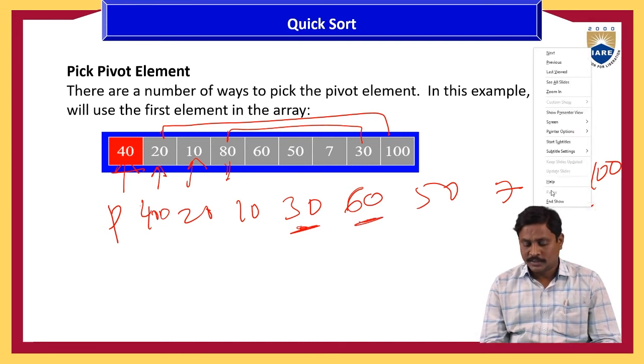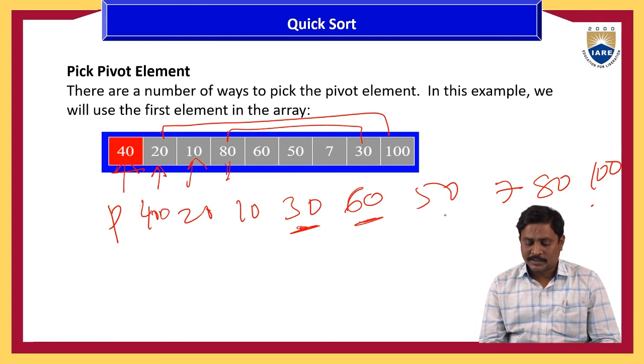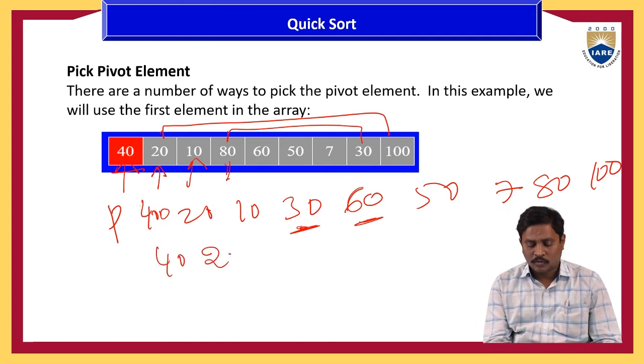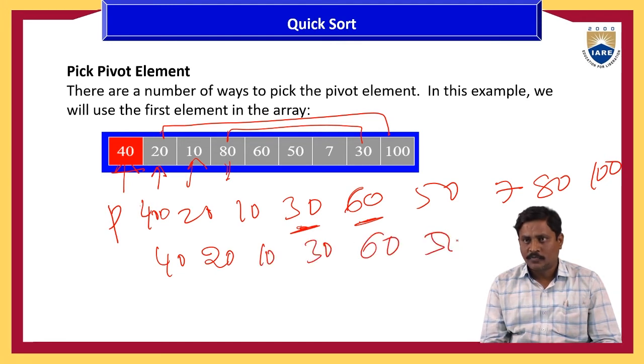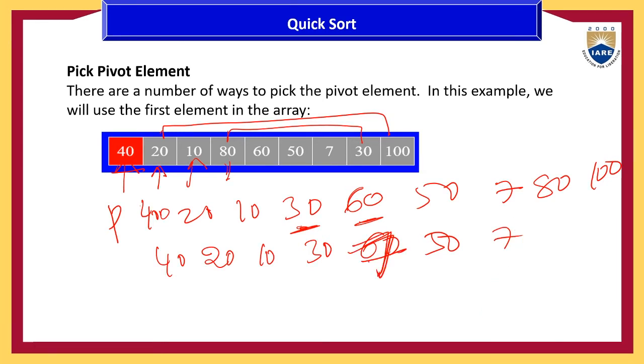Yes. 60 less than 80? Yes. 60 less than 7? No. Now interchange these two values. 40, 20, 10, 30, 60, 50, 7. Now 7 is replaced with 60. 7 here, 60 here, 80, 100.